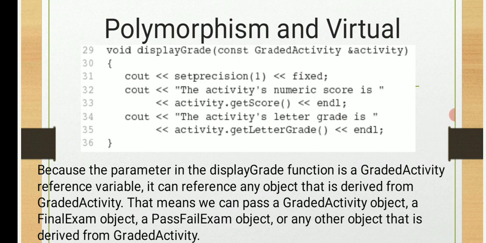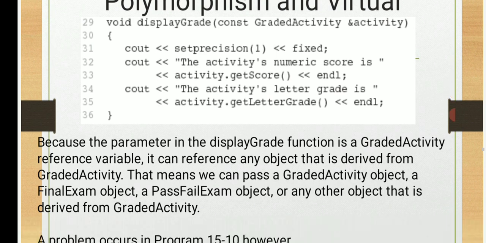The parameter in the display grade function is the graded activity reference variable. It can reference any object that is derived from graded activity. That means we can pass a graded activity object, a final exam object, a pass fail exam object, or any other object that is derived from graded activity. This is an example for polymorphism and virtual, right?